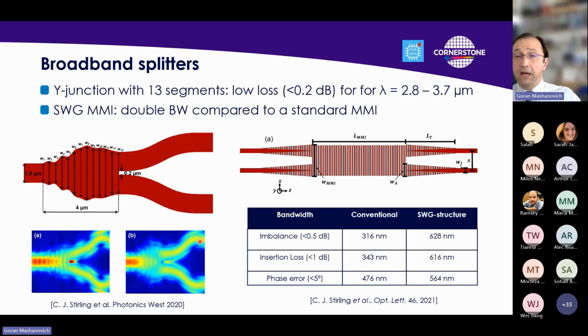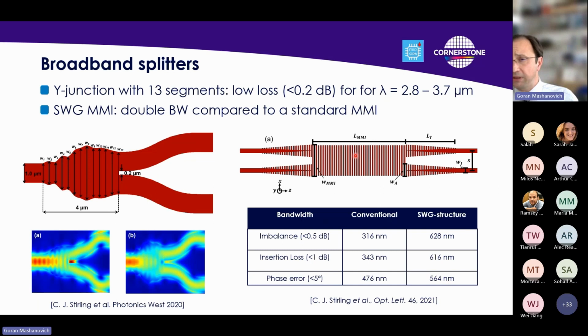this bandwidth. Another splitter that we very often use in silicon photonics is the MMI. So we can split 50-50 in 2 arms. Usually the MMI is made of solid silicon, so all this is silicon, but in this case we have sub-wavelength grating silicon here.